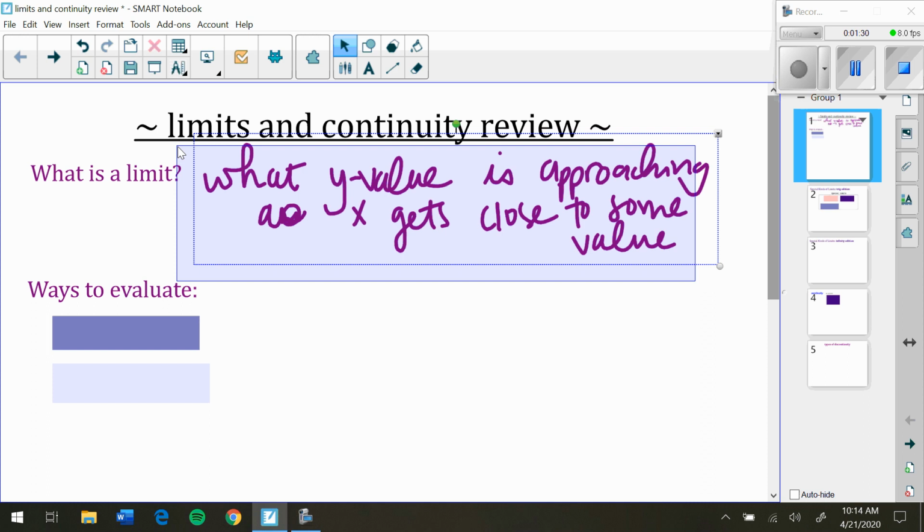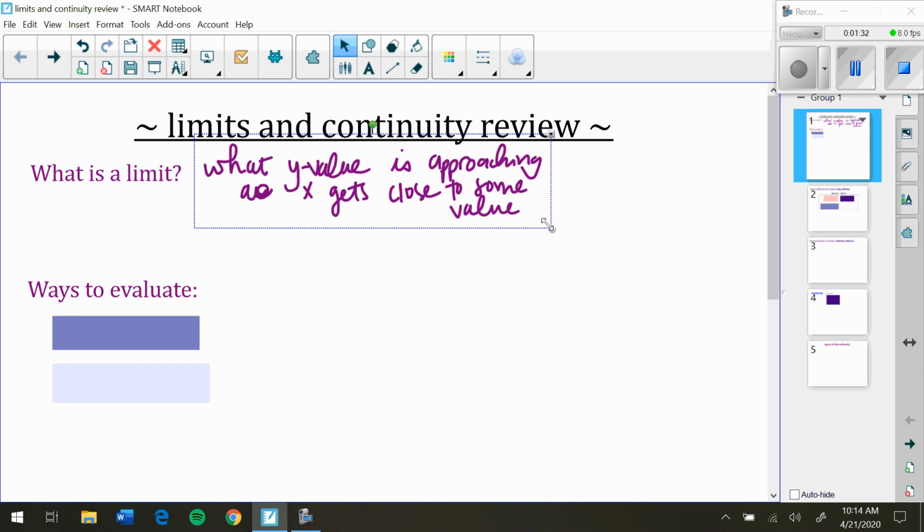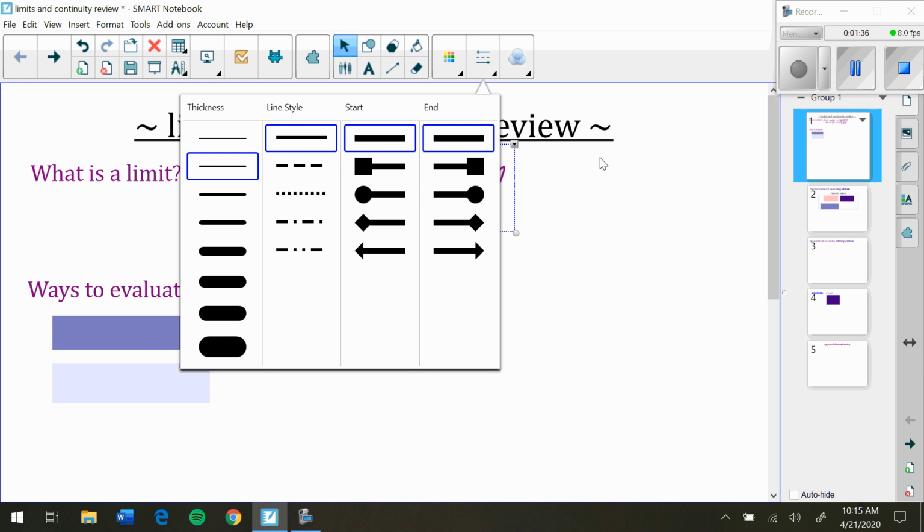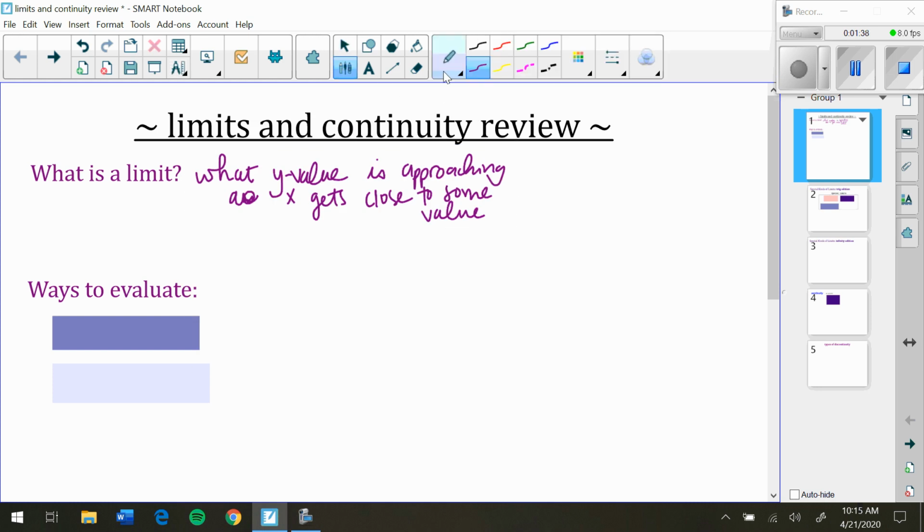All right, that is really what a limit is. It is not telling us what y actually is. Again, we are looking at what y is approaching, what y is getting close to. Notation for our limits, we're going to say something like limit as x approaches 3 of this function is equal to, let's say 7.